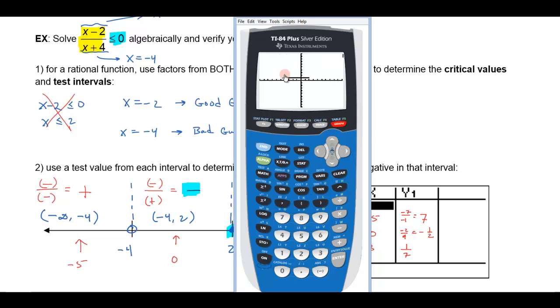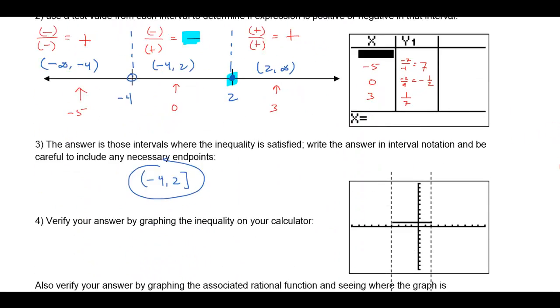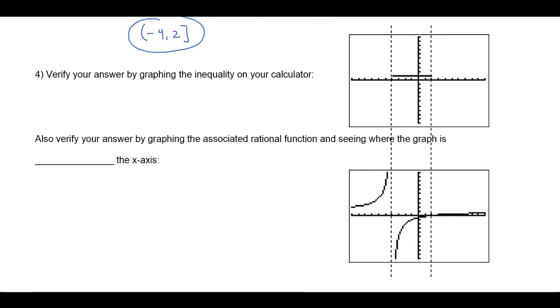So when I graph that, it graphs the number 1 where it's true, right here in this interval between -4 and 2. Now notice it's not going to tell me whether to include the -4 or to include the 2. I need my algebra to figure that out. But if you put those two graphs together, you can see that this is illustrating where the graph is less than or equal to 0.